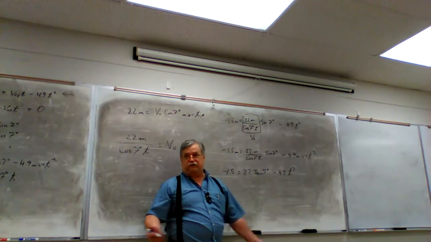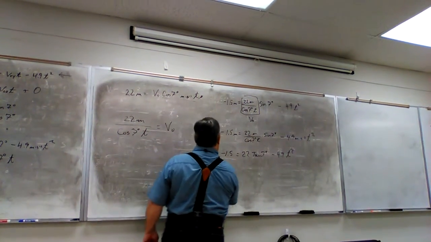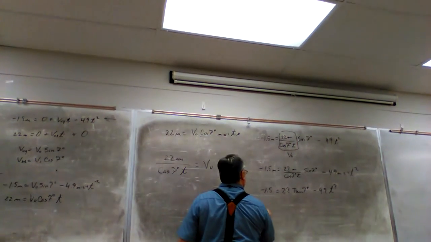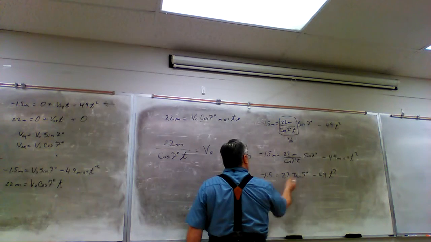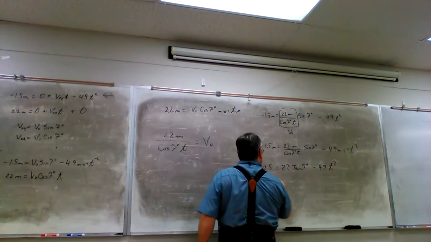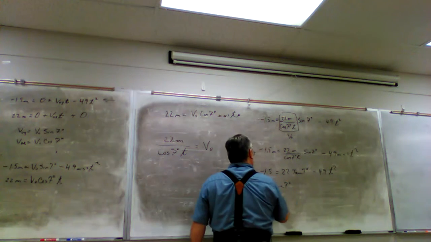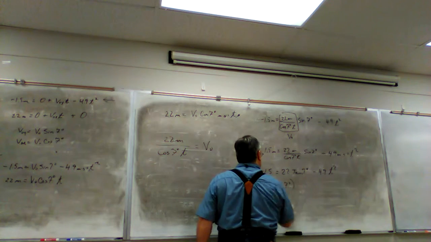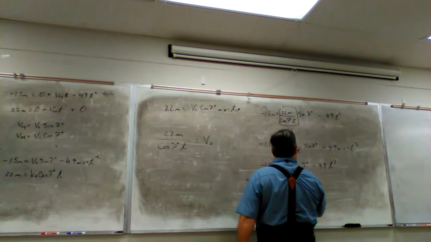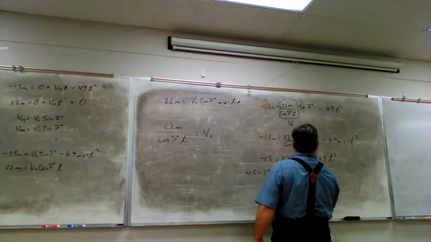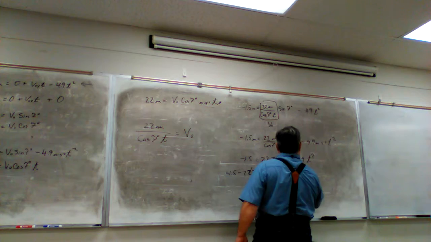Tangent of 7 degrees is just a number. So we've got minus 1.5 minus 22 tangent of 7 degrees. That's 22 times the tangent of 7 degrees is equal to minus 4.9 times t squared.